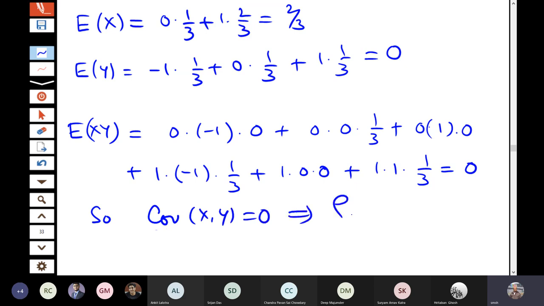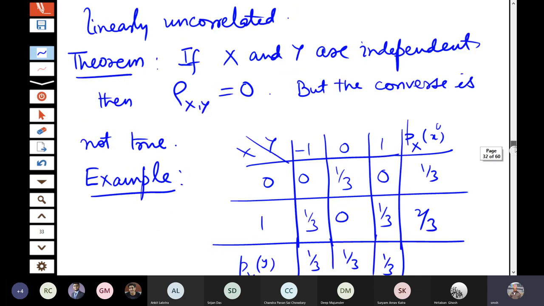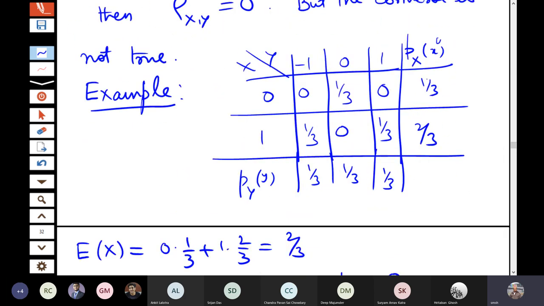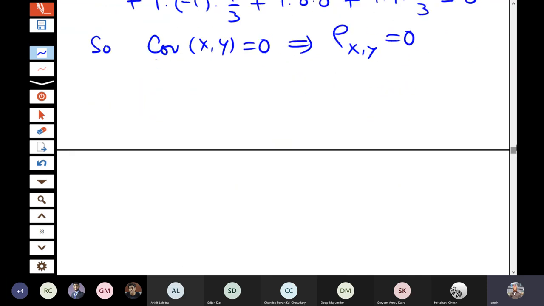This means rho xy is 0. But here you can see that the random variables are not independent, because if you multiply this 1 by 3 into 1 by 3, you don't get 1 by 9 here. If you multiply this 1 by 3 into 1 by 3, you don't get 1 by 9 here. So you can check here that the random variables are not independent, because the product of the marginals is not equal to the joint.